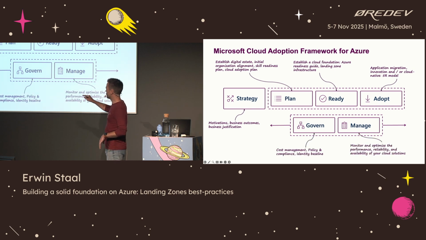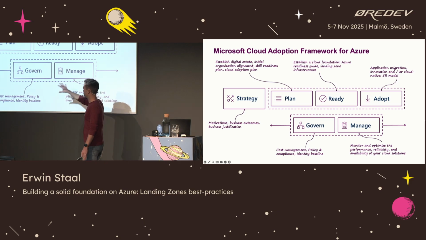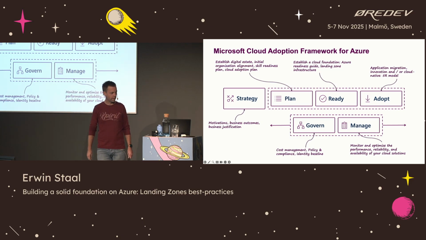And all while you're going through the plan, ready, and adopt phases, you also go through the govern and manage phase, and you keep doing that for the length of your journey in Azure. This is the place where you find documentation around cost management, policy and compliance, which is obviously very important these days. This is where you think about identity baseline, those kinds of things.